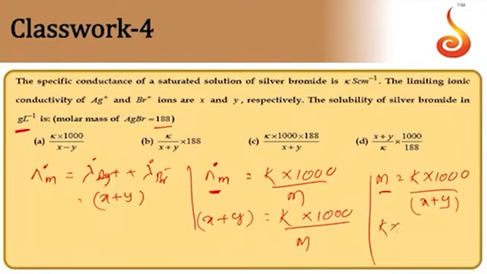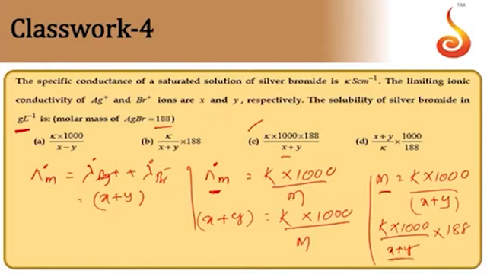Therefore, kappa into 1000 by X plus Y multiplied with its molar mass 188, we get the solubility in grams per liter. So the answer is option C, because X plus Y is there in the option: kappa into 1000 into 188 by X plus Y.